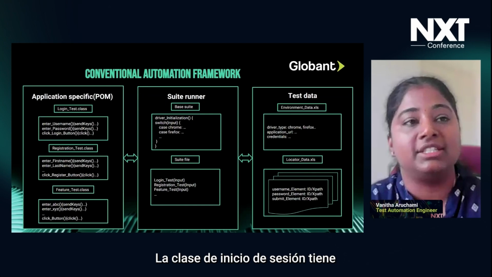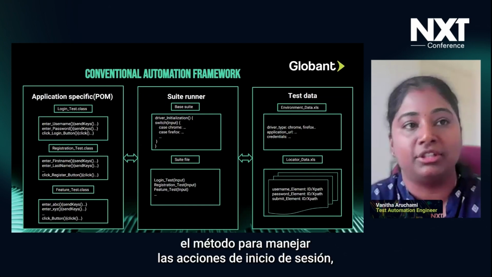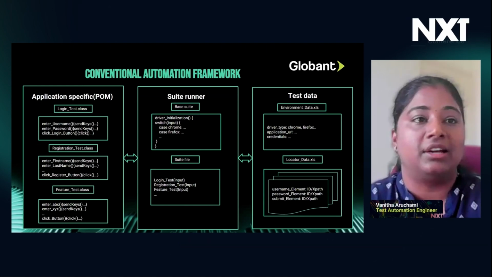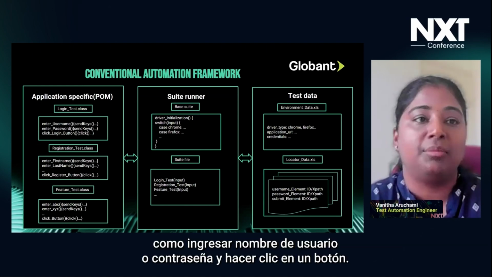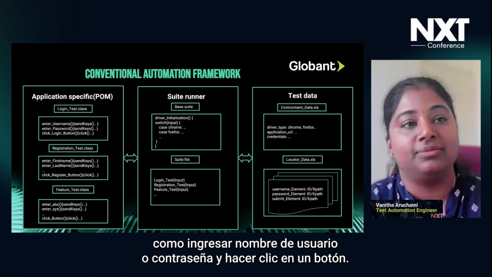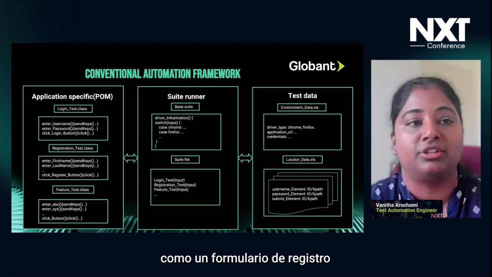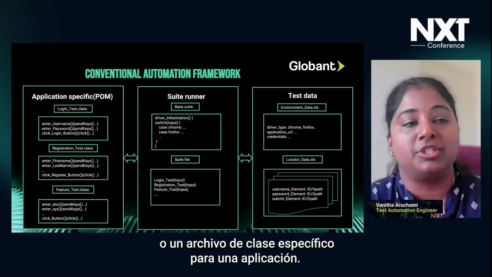The login class has the methods to handle the login related actions, which contain entering the username or password and clicking a button. Similar to that, we have multiple classes like the registration form or a specific class file for an application.